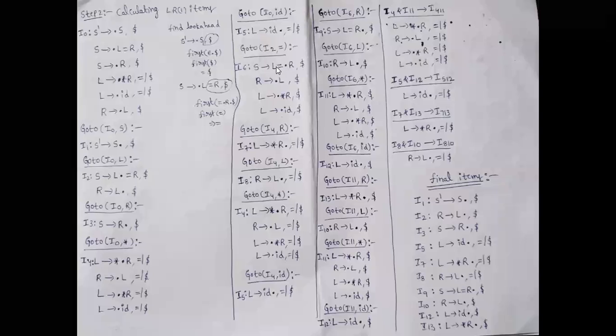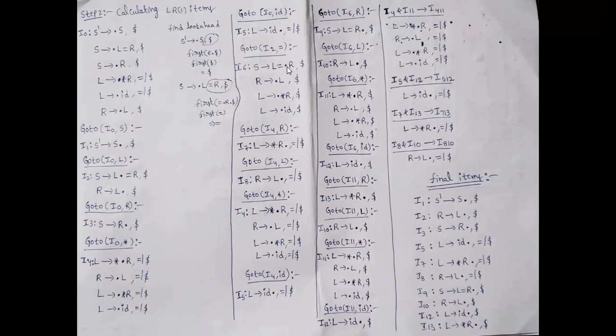So S produces L equal to dot R comma dollar. Then after the dot we have a non-terminal capital R. Then we need to add the productions of capital R. That production is R produces dot L. So it is an item.